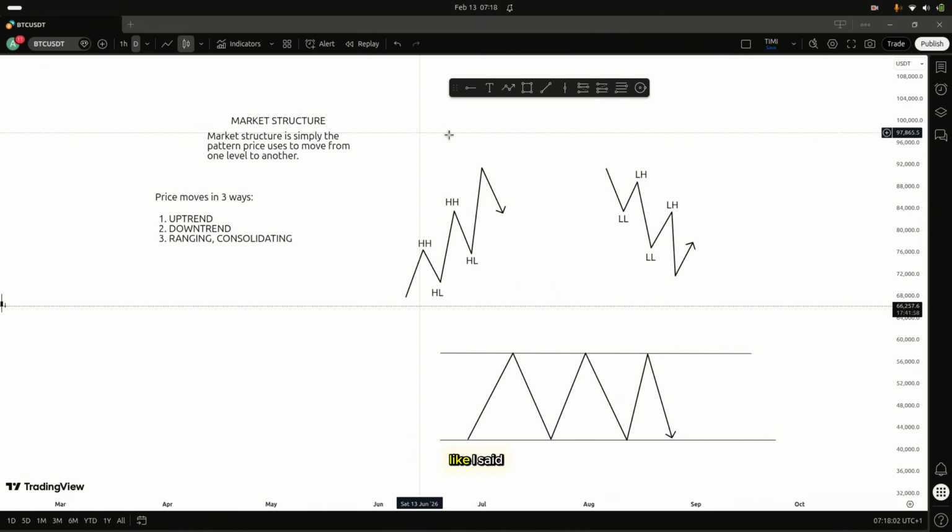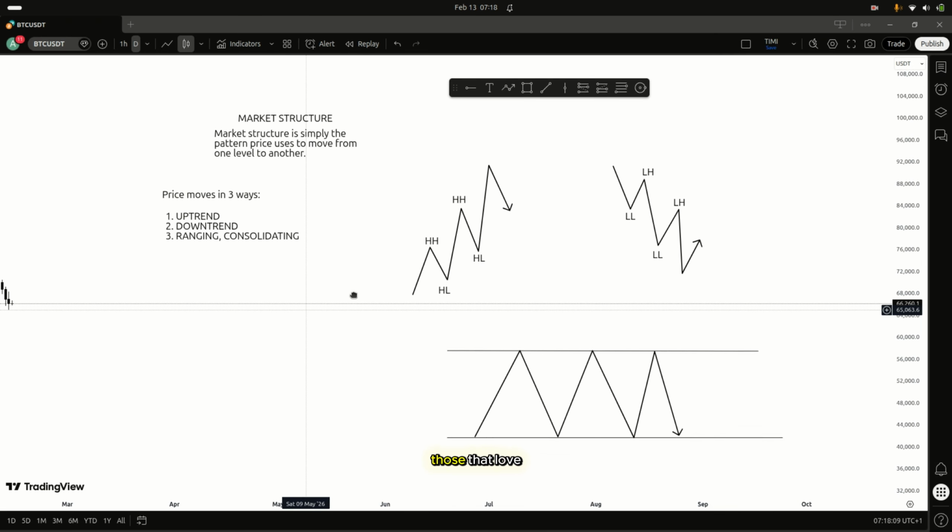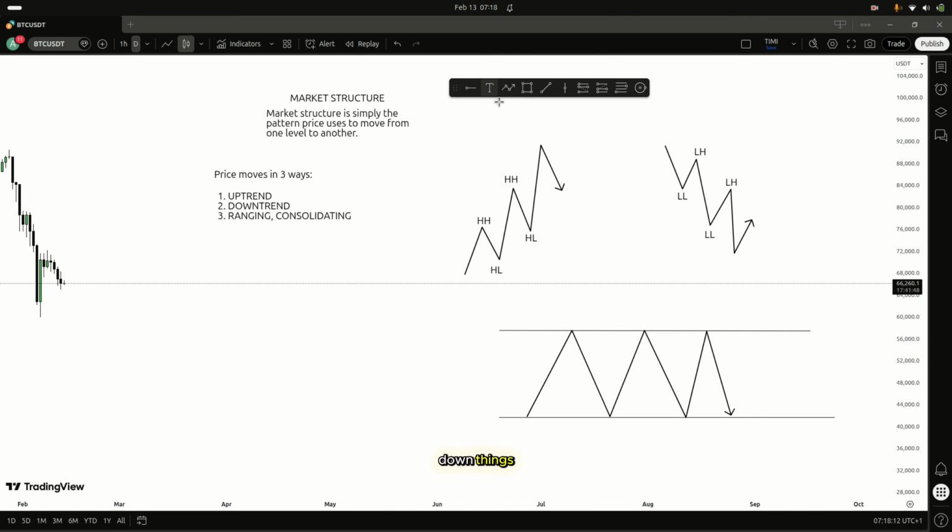Like I said, this is all for market structure. This is everything on market structure. So just for those that love to write down things and would want to go over the video again, let's define what an uptrend is. An uptrend is basically when price consistently moves higher by creating a series of higher highs and higher lows.